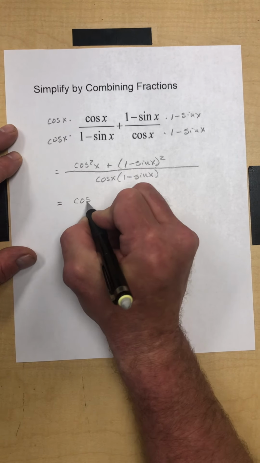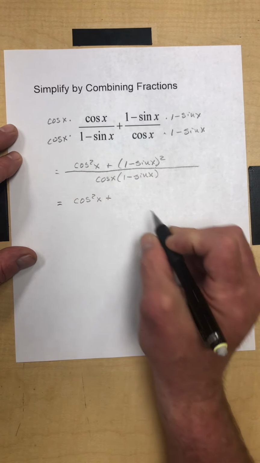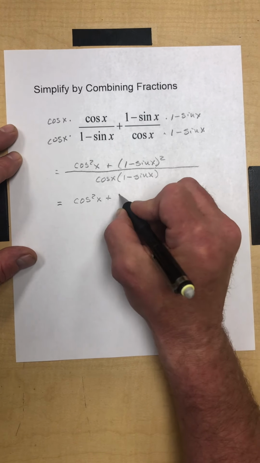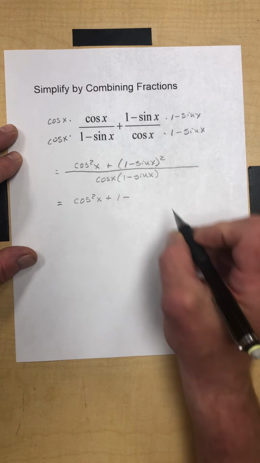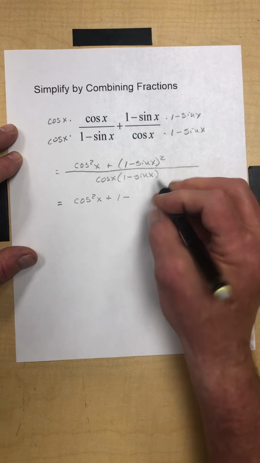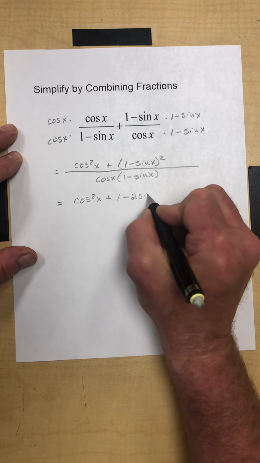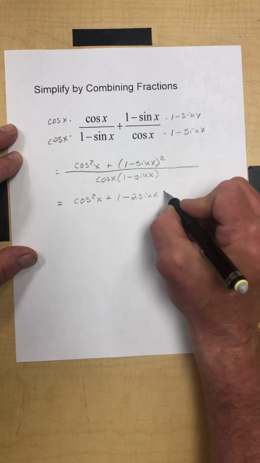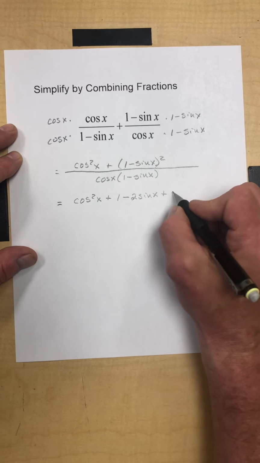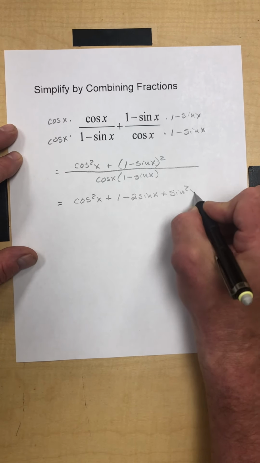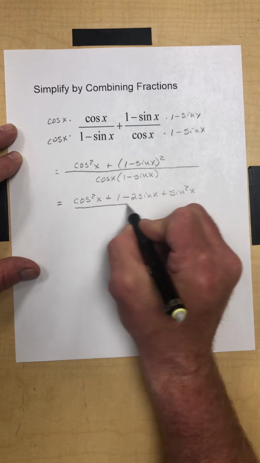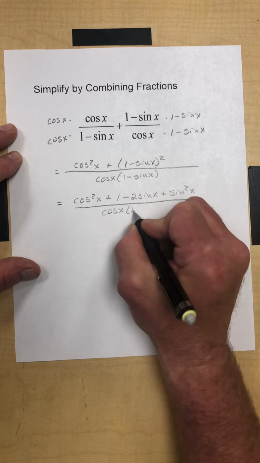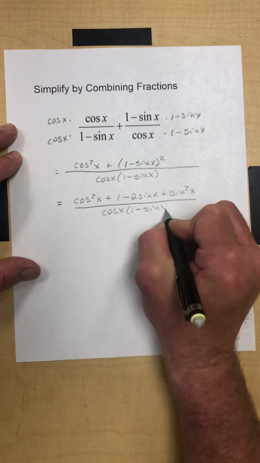Okay, so I've got a cosine squared of x plus, let's see, that's the square of a binomial, so take the first term, square it, 1, bring the sign down, minus 2 times the first times the second would give me 2 sine of x, okay, plus second term squared would give me sine squared of x, like that, all over cosine of x times 1 minus sine x.